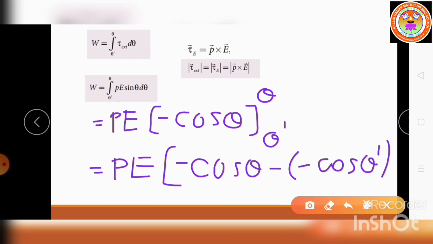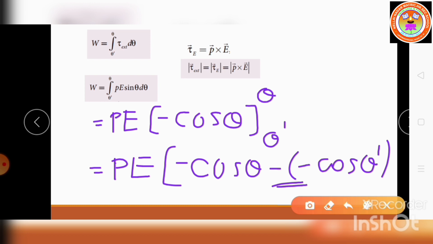So listen, here minus cos theta, how can we write it? Upper limit minus lower limit. Upper limit is replaced by theta and lower limit is replaced by theta dash. Now minus into minus, what do you get? Plus.